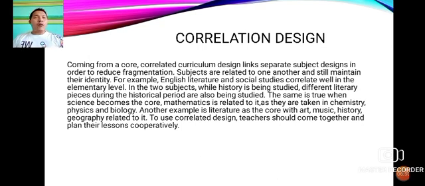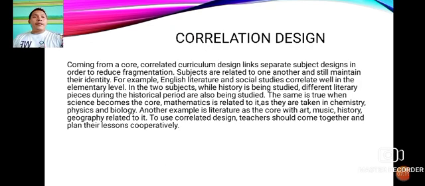Another example of correlation design is literature as a cure of arts, music, history, and geography. To use correlated design, teachers should come together and plan their lessons cooperatively.